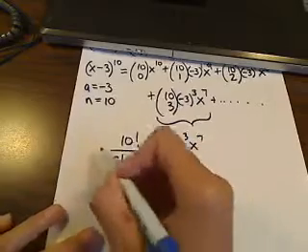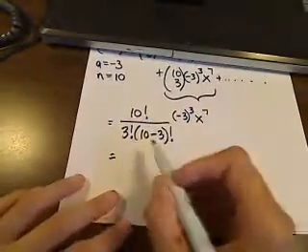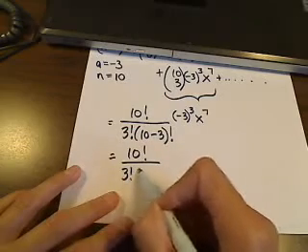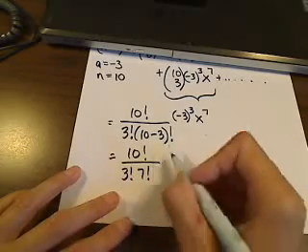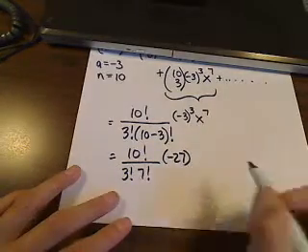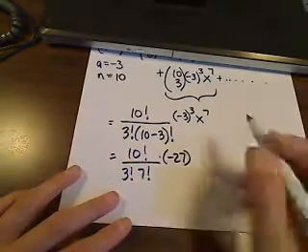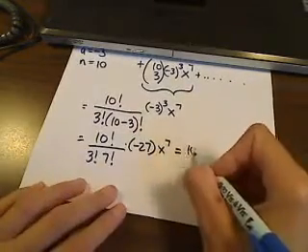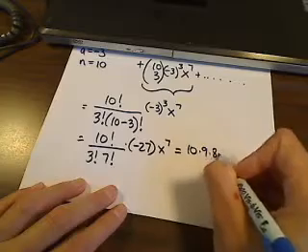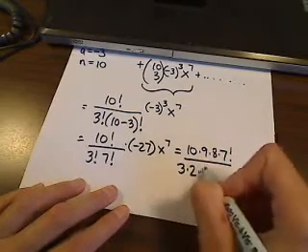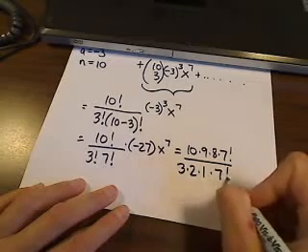Okay, so this piece right here becomes 10 factorial over 3 factorial, and we have 7 factorial. -3 to the 3rd, that's actually -27. So this is times that, and then we have x to the 7th. If I were to write out 10 factorial, I'm just going to take it down to the place where I've got a 7 factorial so that I can cancel with the 7 factorial in the bottom.